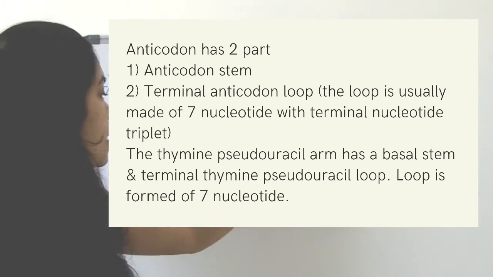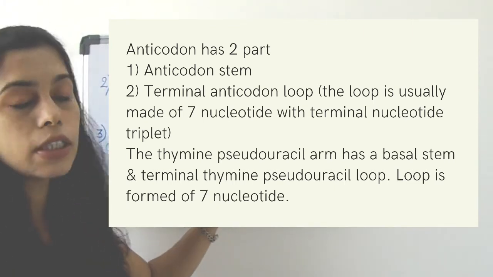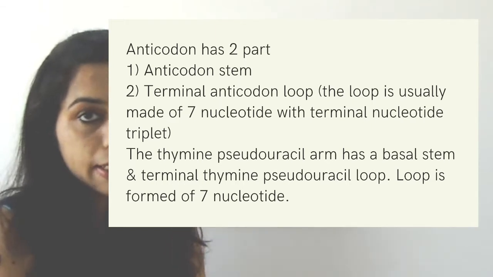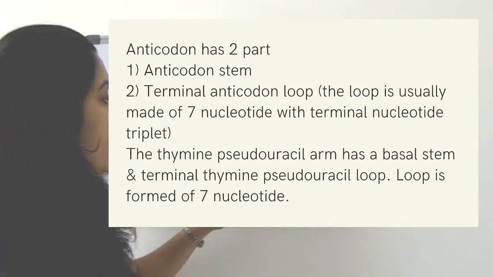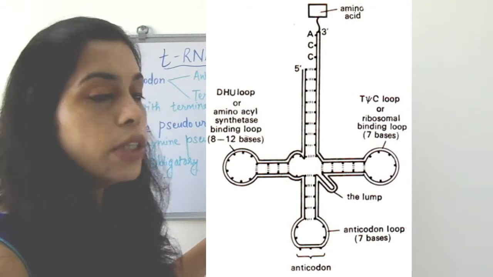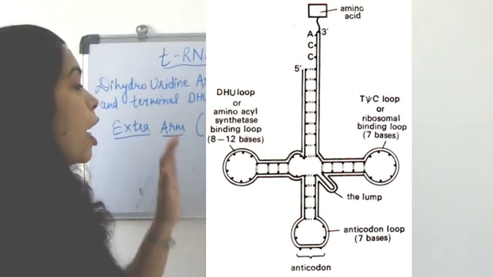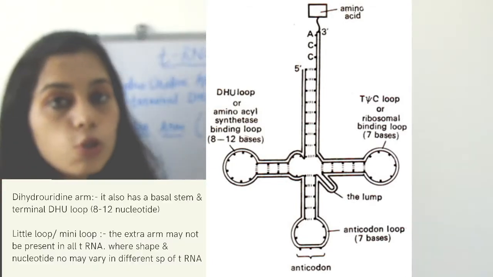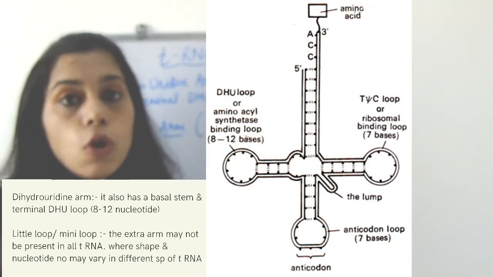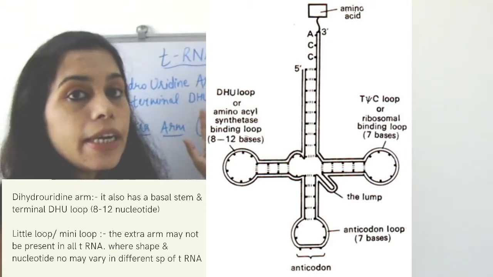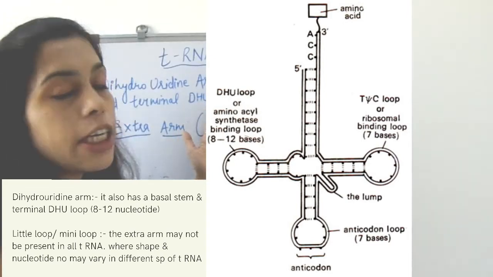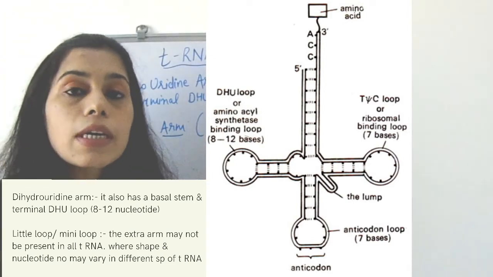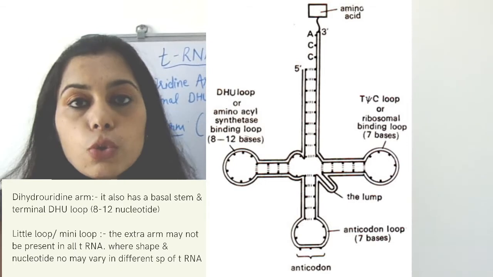It has a basal stem and thymine pseudouracil loop of 7 nucleotides with the obligatory presence of pseudouridine. The next arm is dihydrouridine arm, that is also known as D-loop, which also has the basal stem and terminal DHU loop, and the loop is composed of 8 to 12 nucleotides.